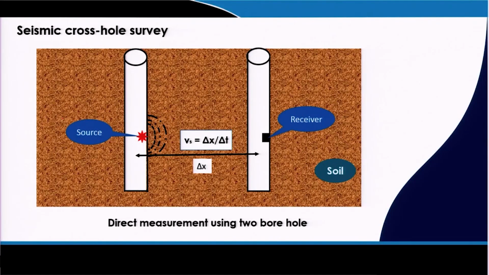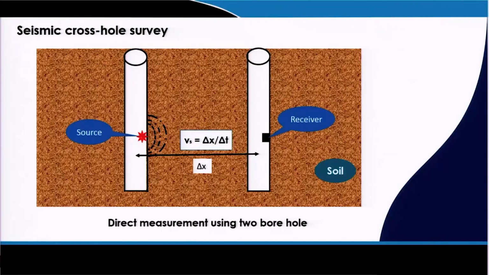So, in such a case, you have to go for the seismic cross-hole survey, where you have to construct a borehole, and then we put the source inside the borehole, and in another borehole we put the receiver. We know the distance and we measure the travel time, then we will get the velocity. But with the previous test, that means the refraction test, the time requirement is less, because we do not need to construct a borehole.